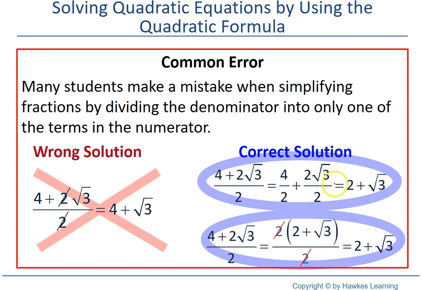So over here, let me write that in so you can see it a little bit better. You would have to factor out of here a 2. So 2 goes into there twice, plus 1 square root of 3, all over 2. So now you can cancel out this 2, because this is a factor. Here, this is just part of a term. Okay? And then here they're showing you the correct solution, which is what I've done up there. Okay. Common error.